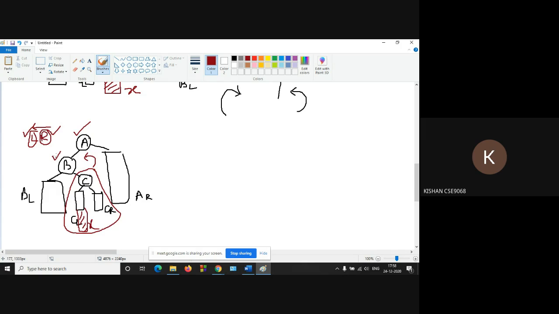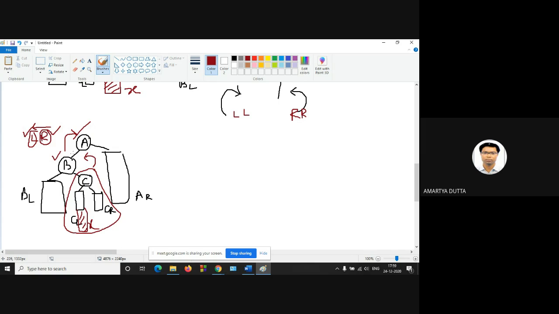RR. So this is your RR. LL is followed by RR. This is your LL. Next, again you have to rotate.